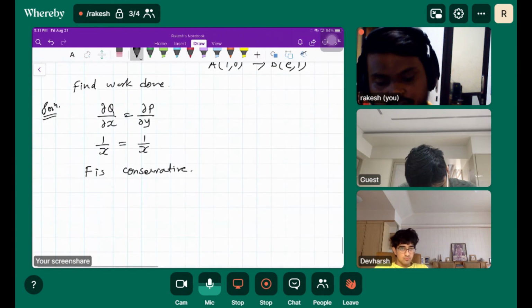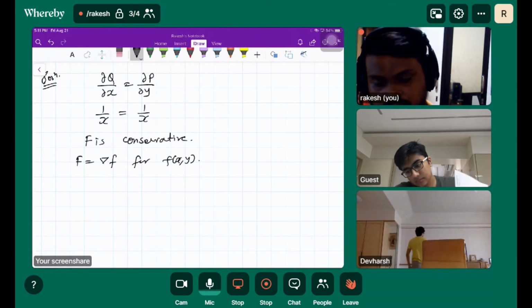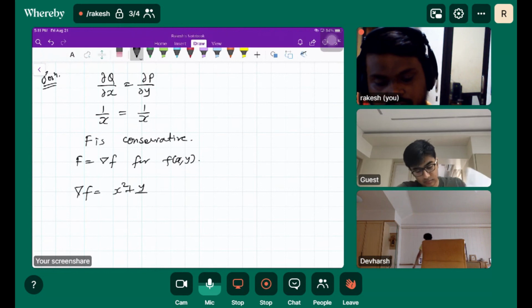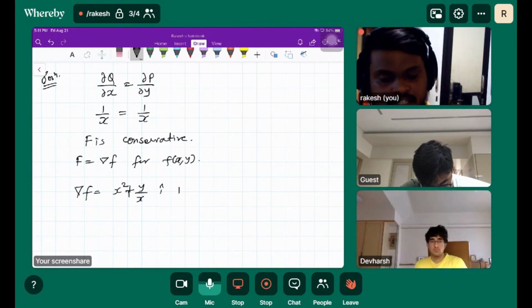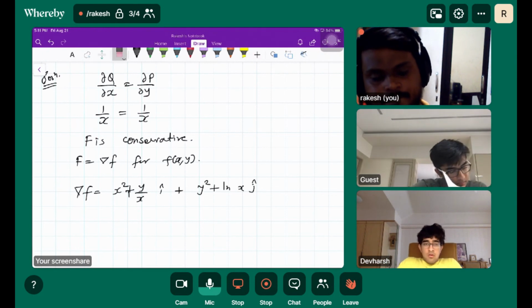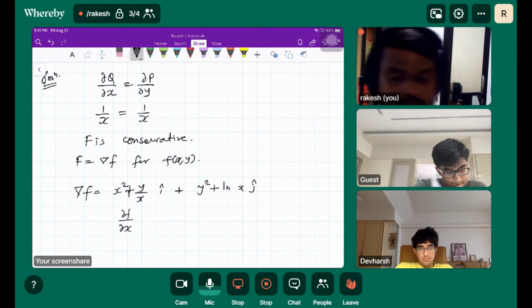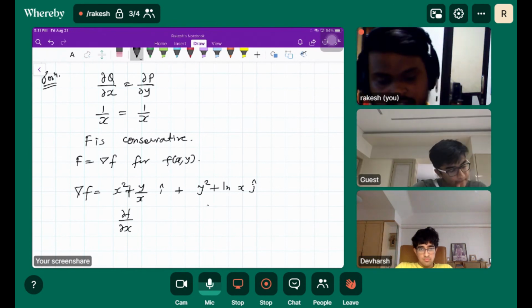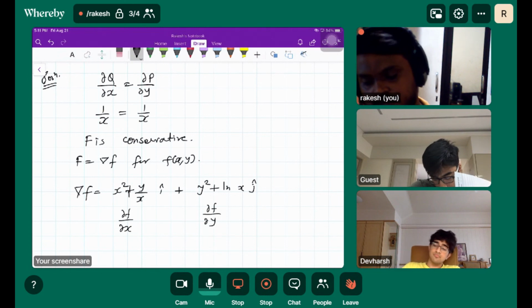So f is conservative means F is equal to del f for f of x comma y, and del f is x square plus y by x i cap plus y square plus ln x j cap. The first term is the partial derivative of f with respect to x, and this is the partial derivative with respect to y.